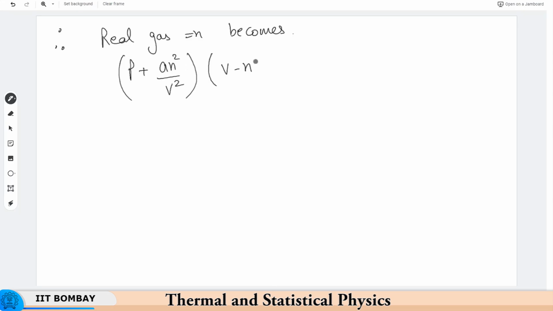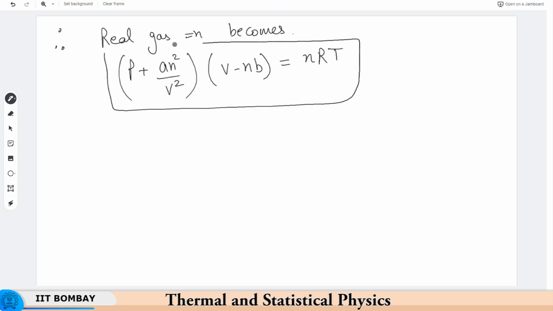So the modified real gas equation becomes P plus a n squared by V squared times V minus nB equals nRT. Okay, so this is what the equation looks like. This is the real gas equation.